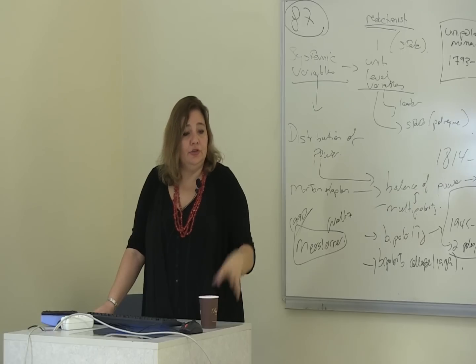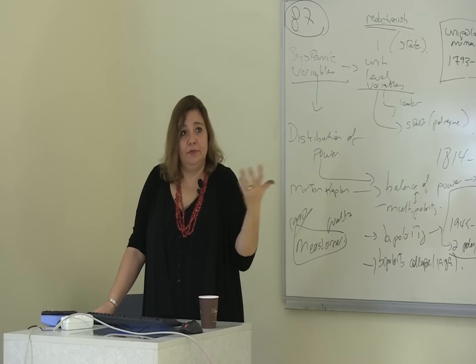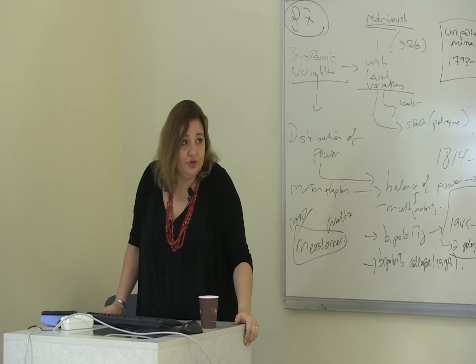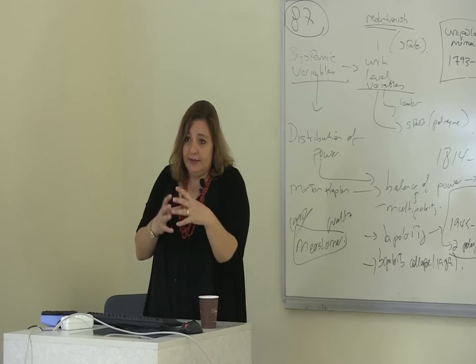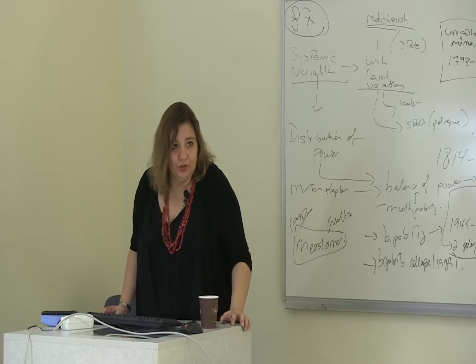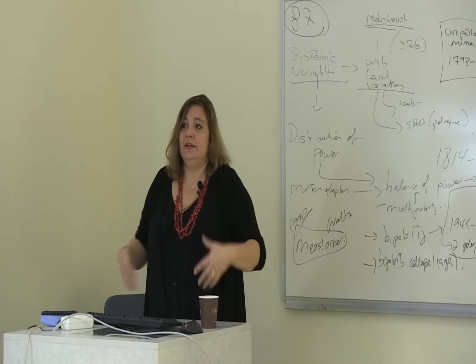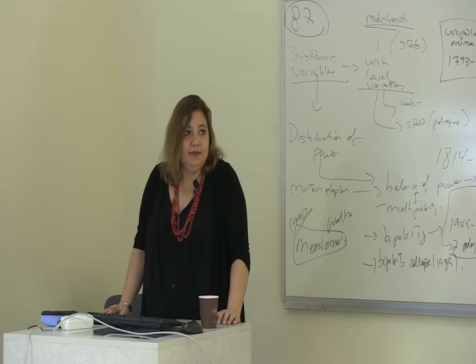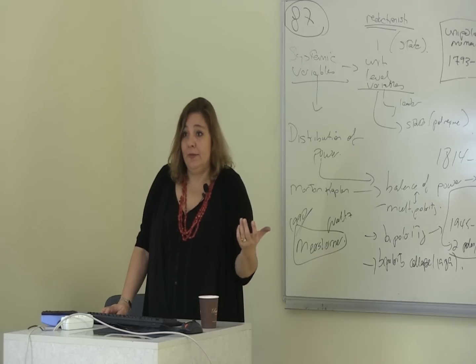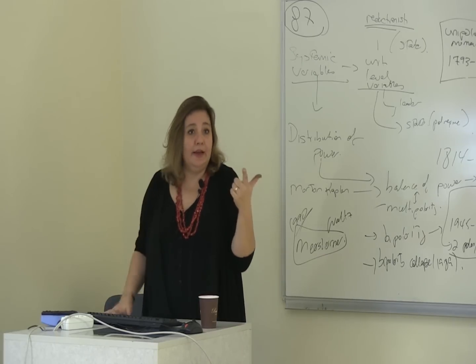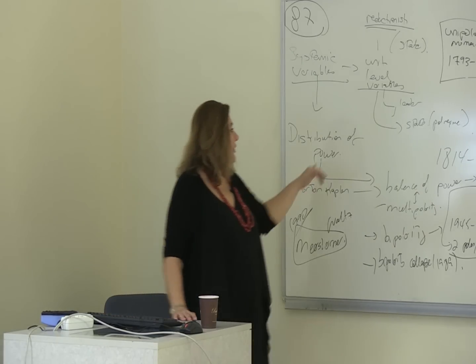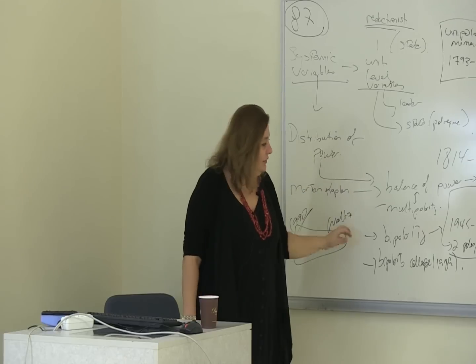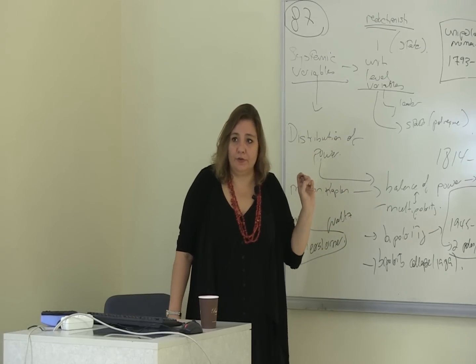Even in the US, the population dynamics show that the whites are getting smaller, and the Asian and Hispanic populations are getting larger. So population dynamics change, economic dynamics change, therefore there is a pressure on the existing distribution of power.